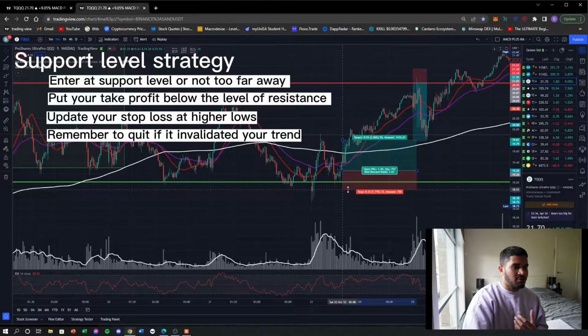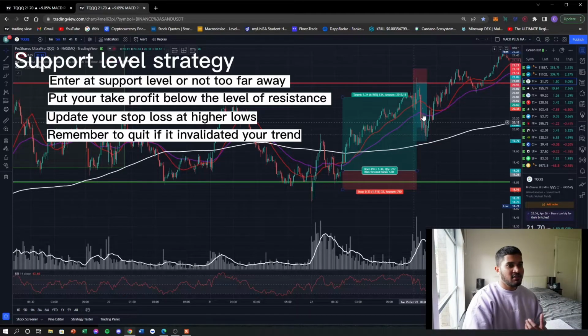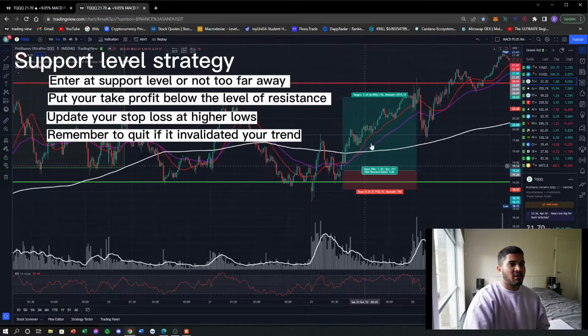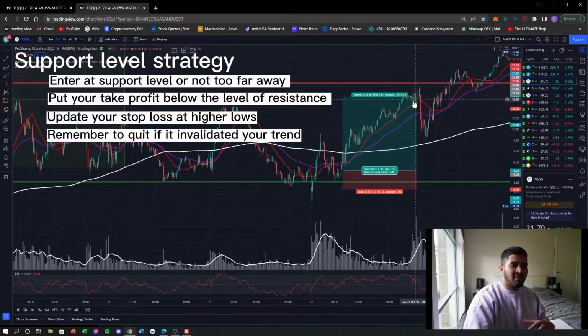So I would put my stop loss somewhere below this level and also take my profit right before I hit that resistance level. We can see that the resistance is somewhere up here. I wouldn't wait until I hit that point, but I would take my profit right before that level. So I would quit my trade here, take my profit and leave.